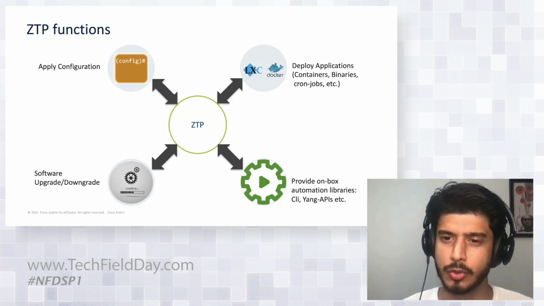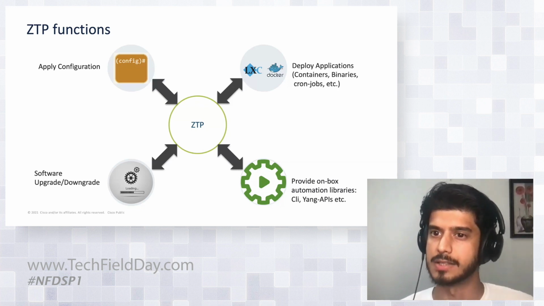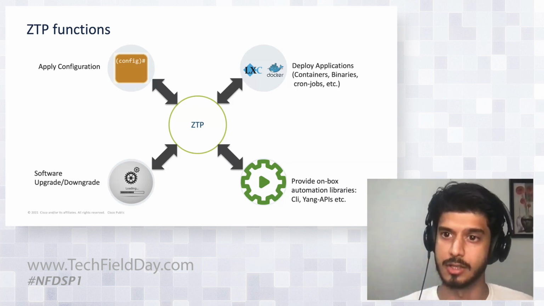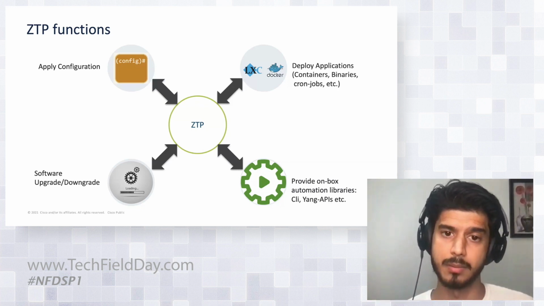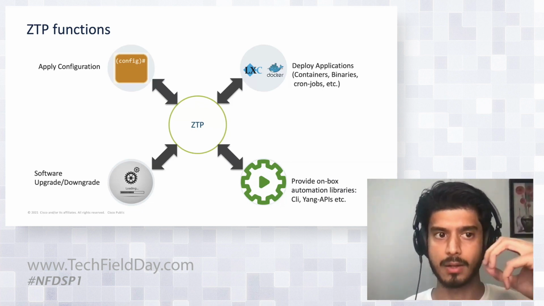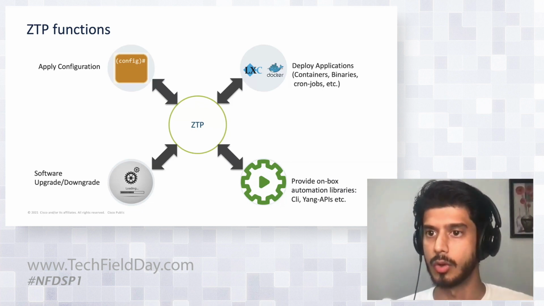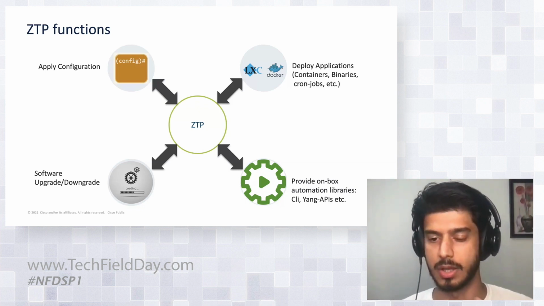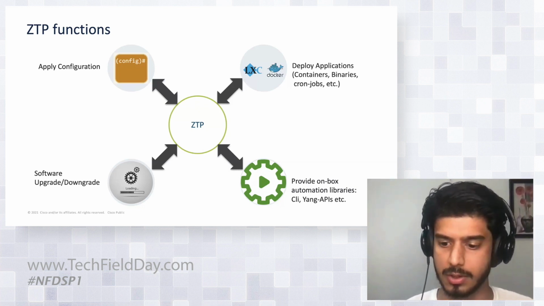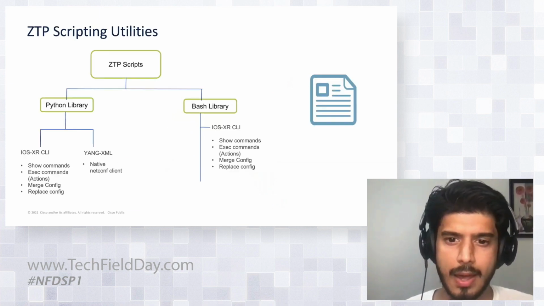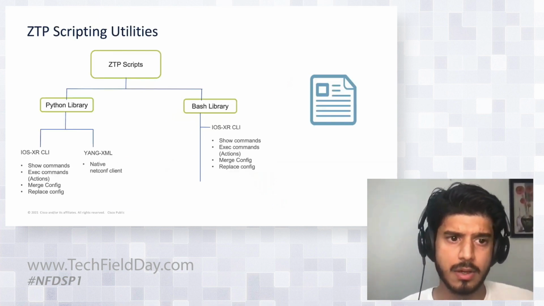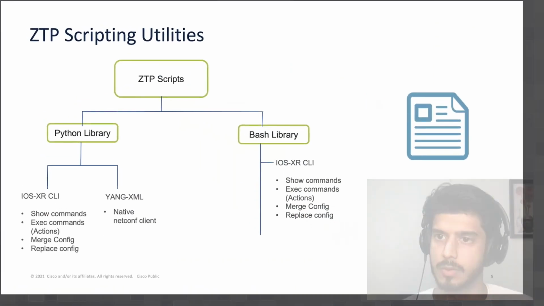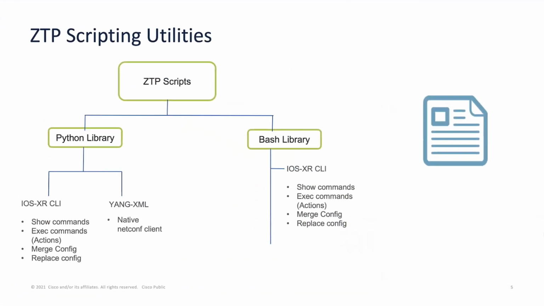And it depends on you in terms of the amount of complexity you want to have on day zero versus day one and above. So if you want to pack, let's say, NSO into your workflow, you would typically have a ZTP script followed by NSO bringing in the entire shebang of what you want to run on the device. And as I mentioned, we have a well-established Python and Bash library available on the box.